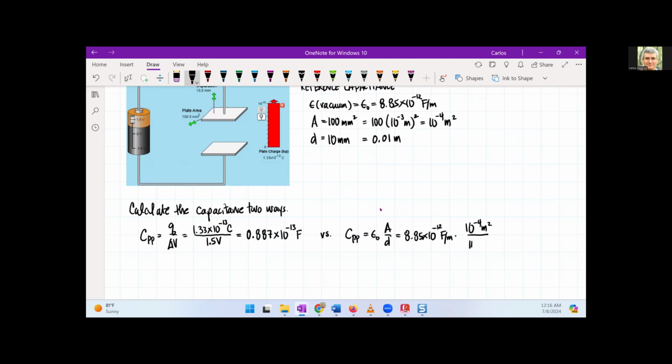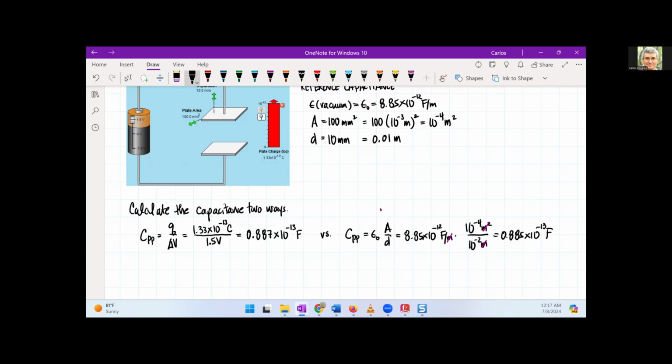This will then be 10 to the minus 2 meters. And you could see here that all of the meters go away, and I end up with a value of 0.885 times 10 to the minus 13 farads. So you could see that these values are comparable.